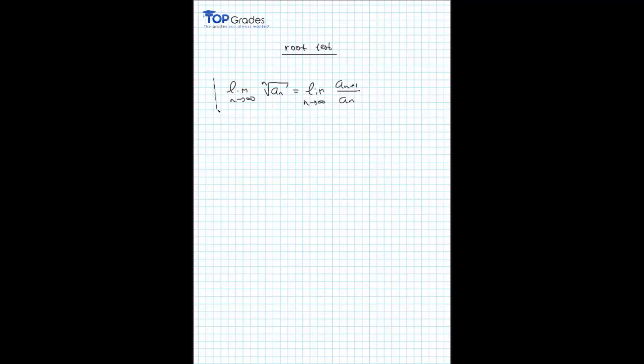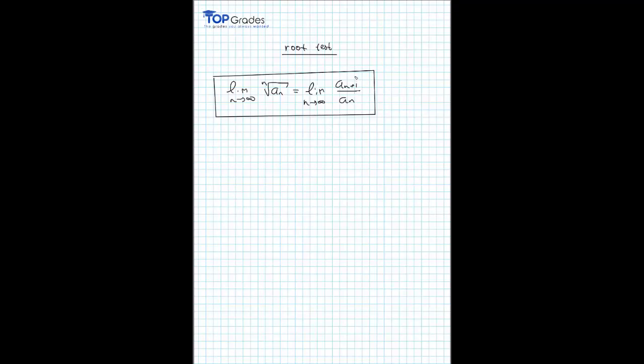It's not that I'm taking another root like we saw in the ratio test, or comparing the limit to 1, whether it's bigger than, equal to, or smaller than 1. These limits are both equal.